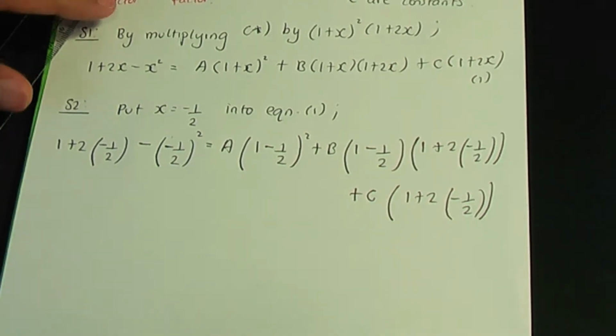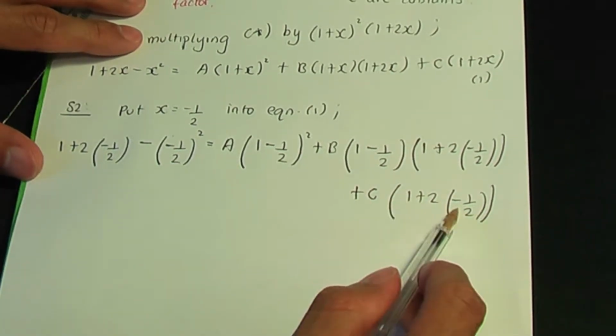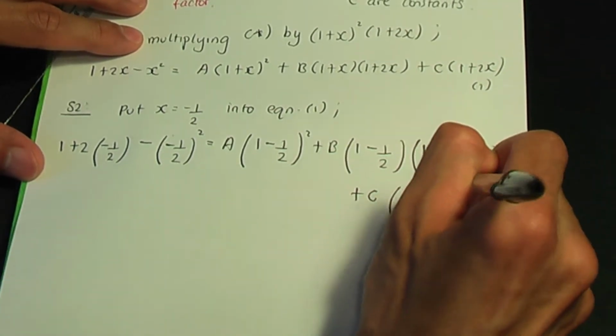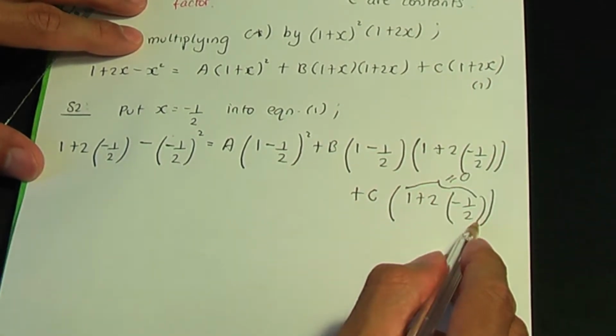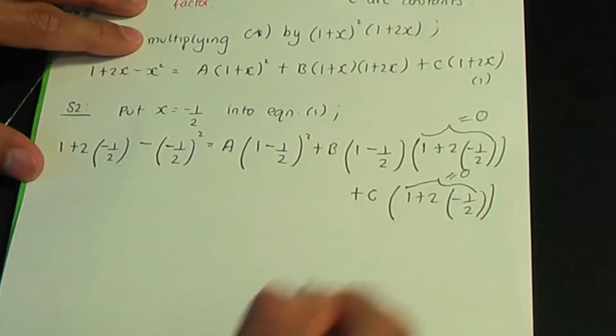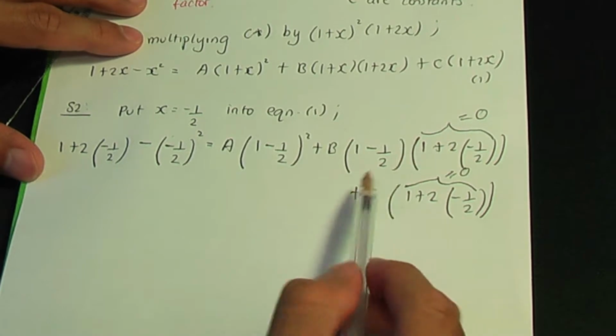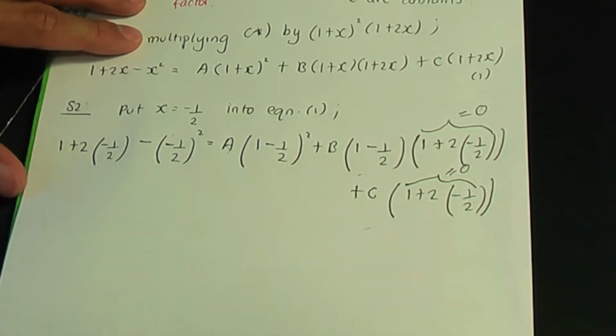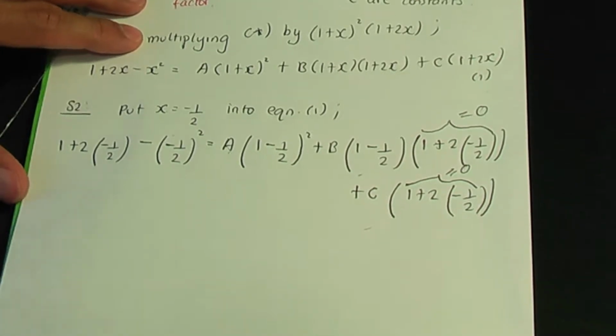The reason for us choosing minus half is this term is going to be 0, but also this term here is going to be 0 as well. As a consequence, b and c will be eliminated so that we can work out a.